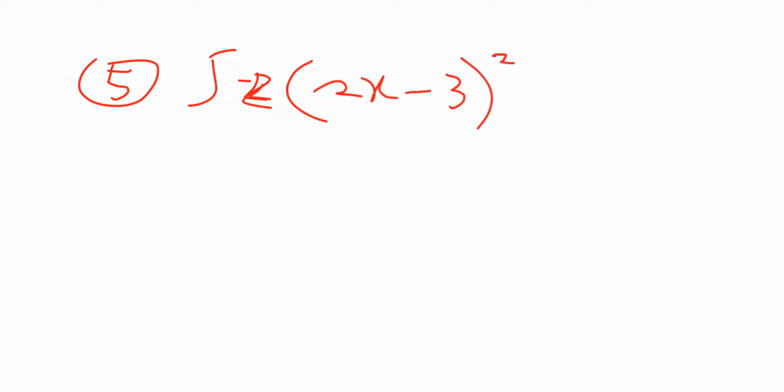Number 5, integrate 2 into (2x minus 3) all raised to power 2 over 3 with respect to x.